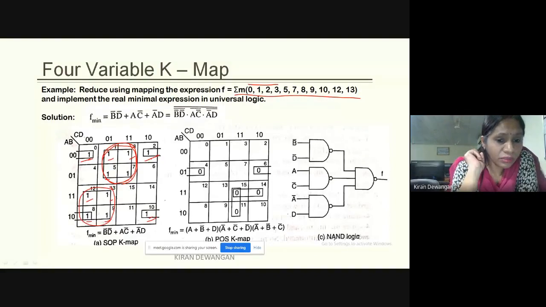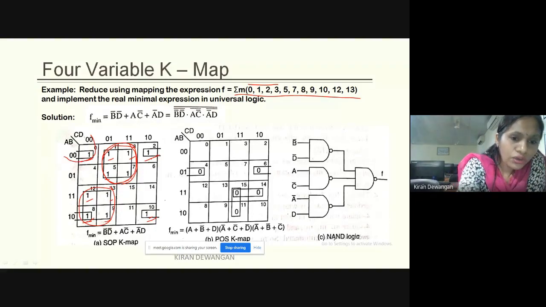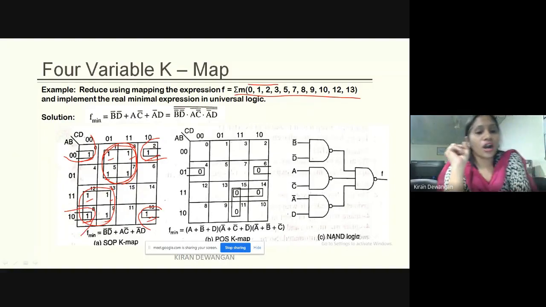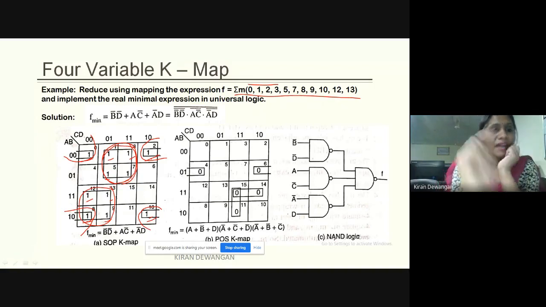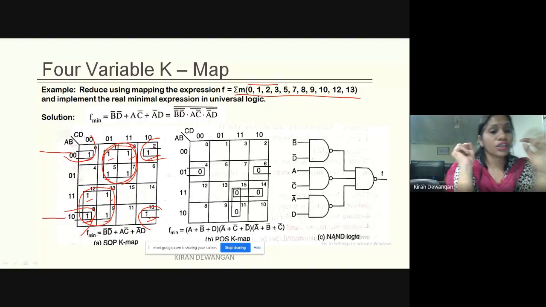These are the 3 min terms. Now we can even see that here also we are having one min term. Now these 4 min terms, that is the corner min terms, are also forming a quad. Now we need to understand that this row and this row, we call these adjacent. These are actually adjacent to one another.